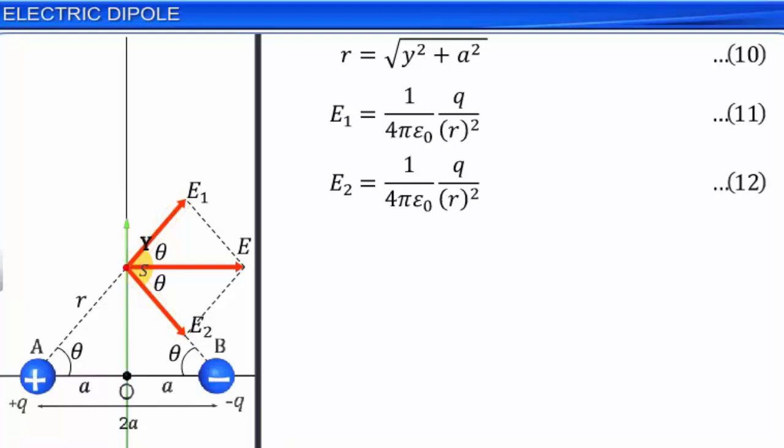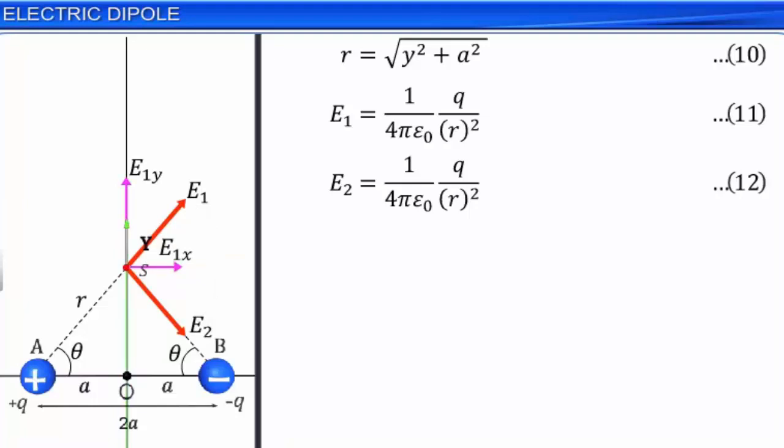By geometry of the figure, the resultant of E1 and E2 is parallel to the x-axis and is directed along AB. Let us consider the components of E1 and E2 along the x and y axes to find the magnitude of the resultant electric field at the point S. The components of the electric field E1 along the x and y axes are E1x and E1y respectively as shown.